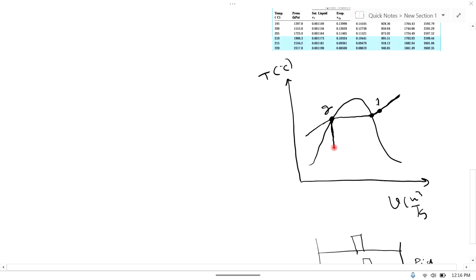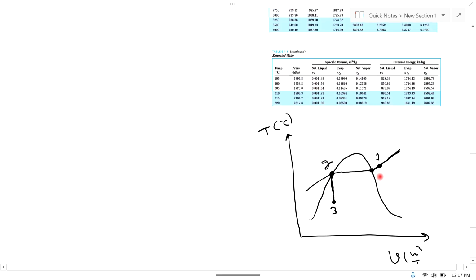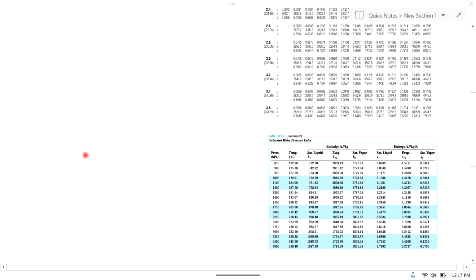The line will go down here. This is point 3. If heating, it will go up, and in cooling it will go down. And a constant volume line is a straight vertical line on the TV diagram. So this is the TV diagram for the problem.